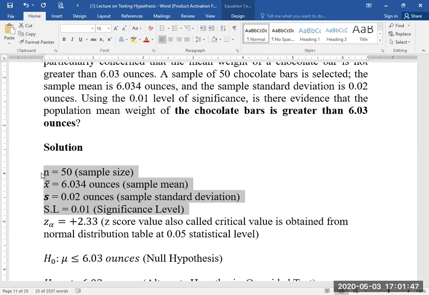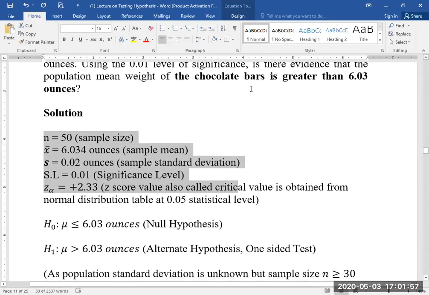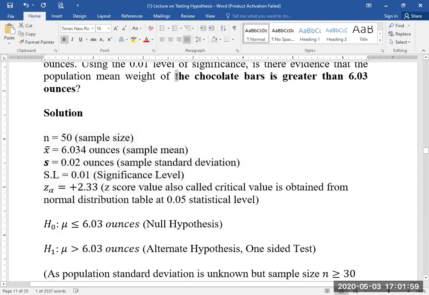Significance level we have been given is 0.01, and we use Z alpha, not alpha by 2, because it is a one tail test. Because the alternate hypothesis says the chocolate bar weight is greater than 6.03 ounces, it means the population mean has changed, to greater than 6.03.